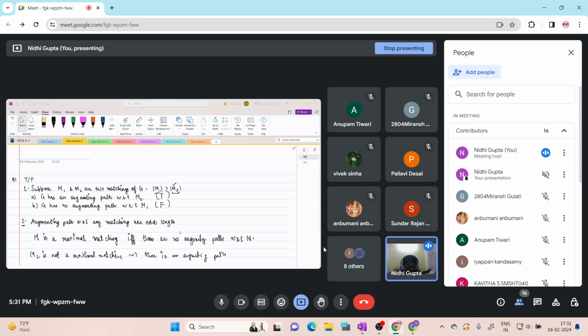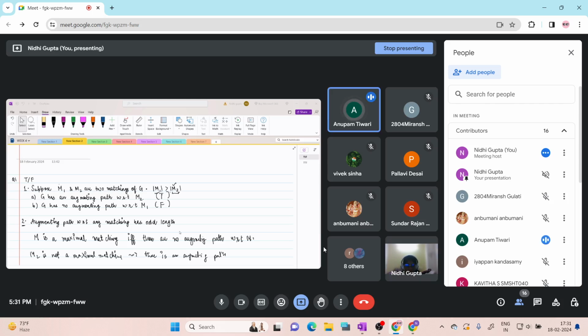Yes, okay, so the answer is correct. It is true. But can everyone think why it is true? Just by the definition of an augmenting path, why should it have odd length? Okay, Anupam, why do you think it should have odd length?